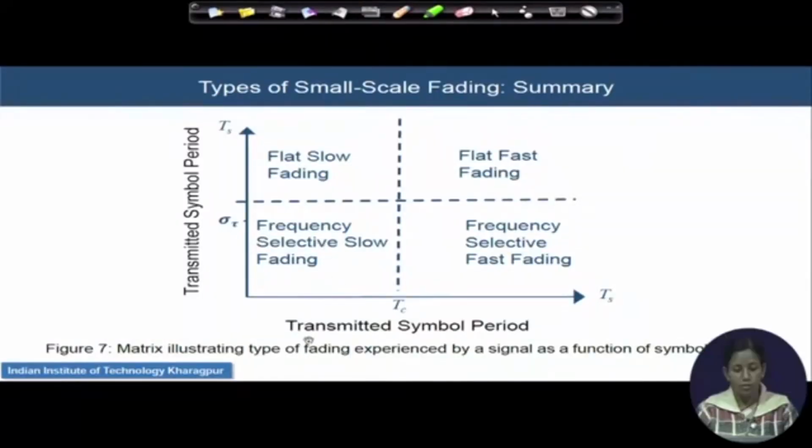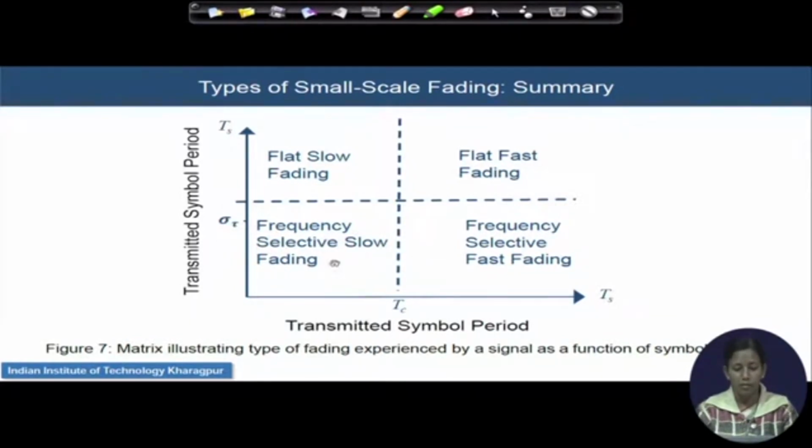This is a picture which talks about the combined effect of the transmitted symbol period versus the RMS delay spread value of the channel. If you are having a coherence time involved in it, and if you have a low coherence time, you will get a frequency selective fast fading if your transmitted symbol is comparable to the RMS delay spread.